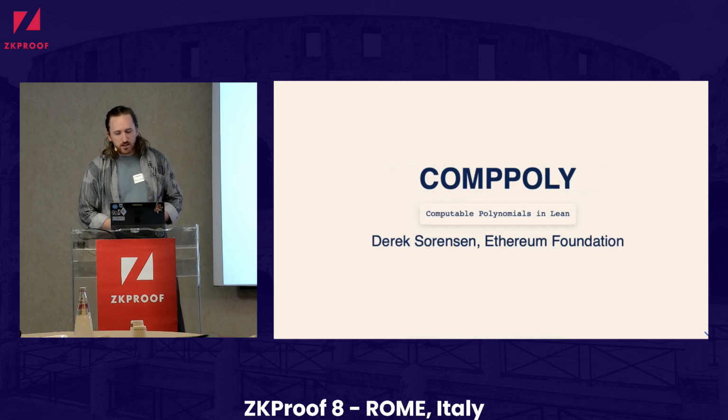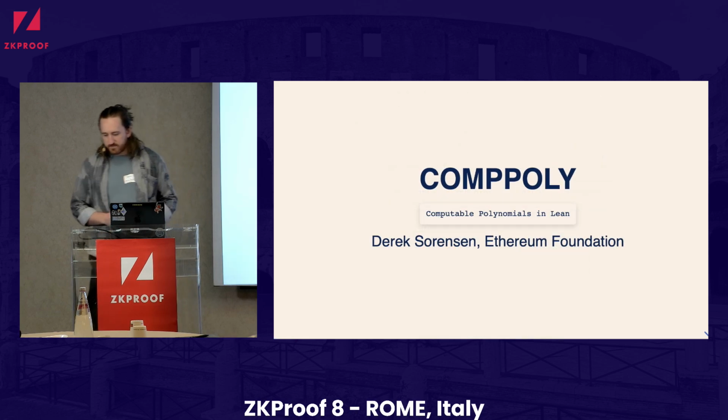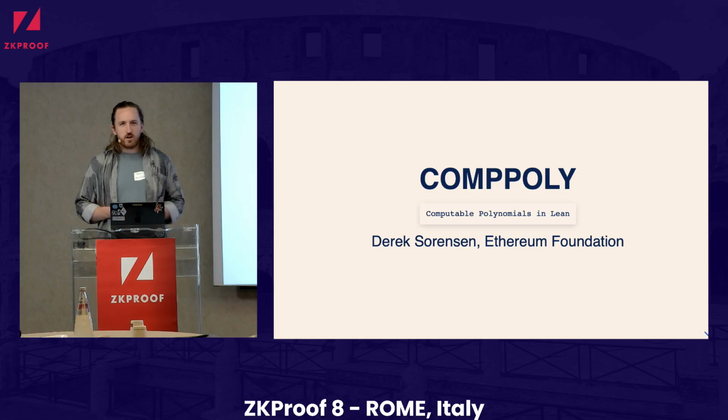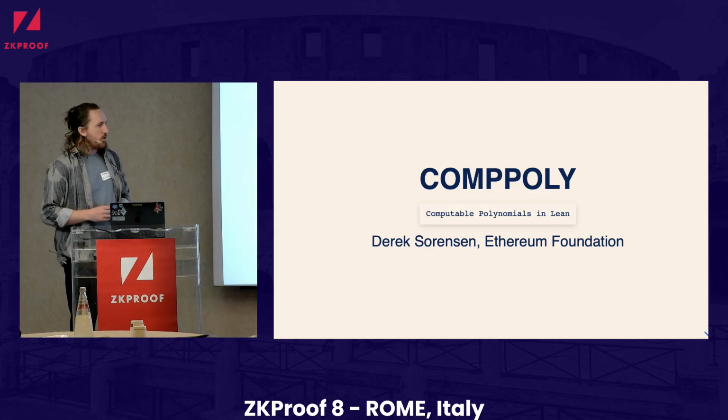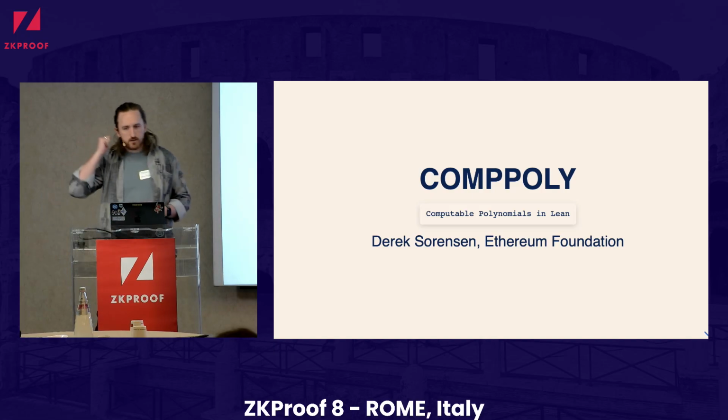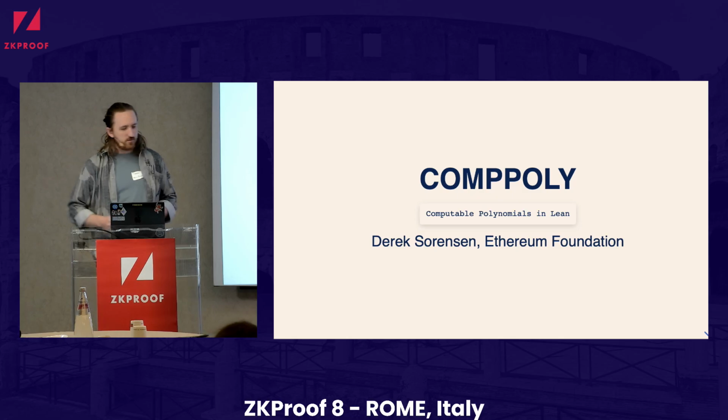Like Alex mentioned, the goal of CompPoly is to make our specifications in ArkLib all computable, and by computable we mean executable. We want to be able to run ArkLib as a proof system in principle.